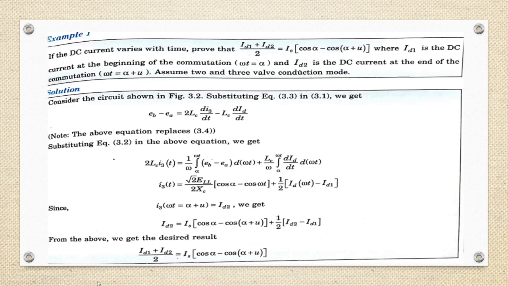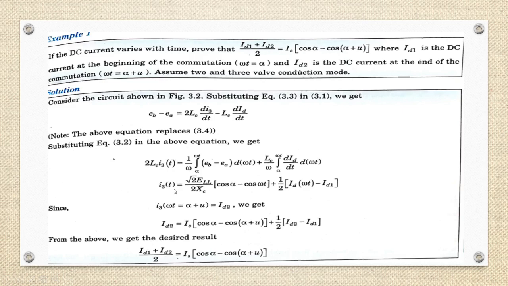Substituting the second equation, that is EB minus EA is root 2 ELL sin omega t, in this equation, we will get 2LC I3 of t is equal to 1 by omega integral alpha to omega t EB minus EA d omega t plus LC by omega integral alpha to omega t did by dt d omega t. We are going to see only the value of I3 of t. So sending all the constants to the right hand side.